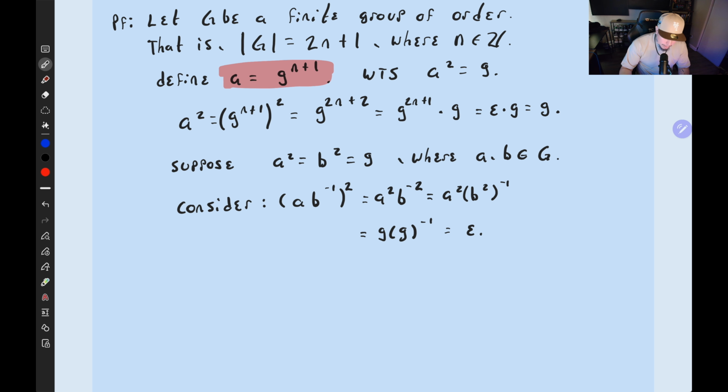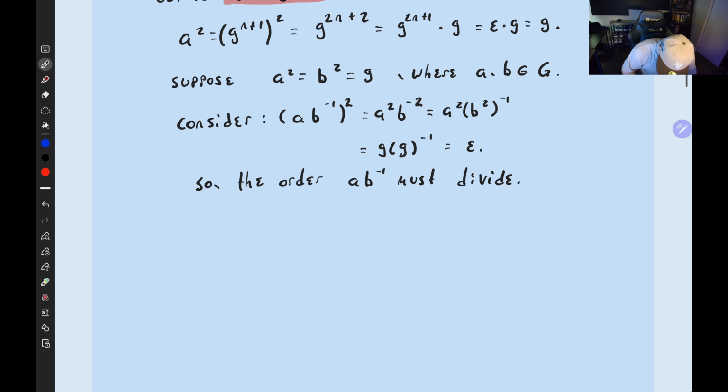But what's interesting about that is that the only element that has order 1 in any group is the identity element. So I'll try to write this out very briefly because I know I just said a lot and I don't want to write everything out. What this tells us is that the order of AB inverse must divide 2.